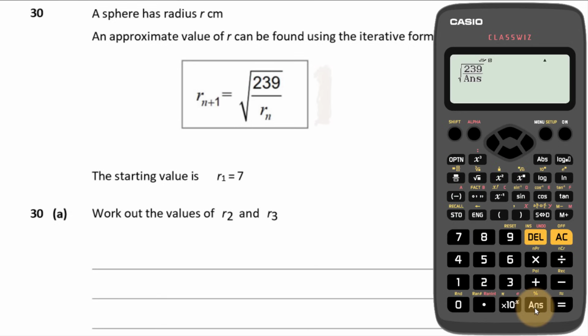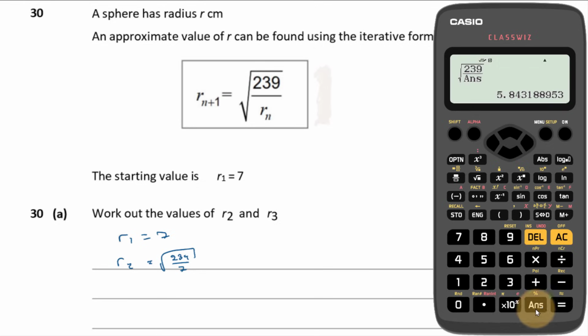So basically the last calculated value is going to come back and go into there. R1 we know is 7, then R2 is going to be the root of 239 over 7, and I'm just going to press my answer key and find out what that is.